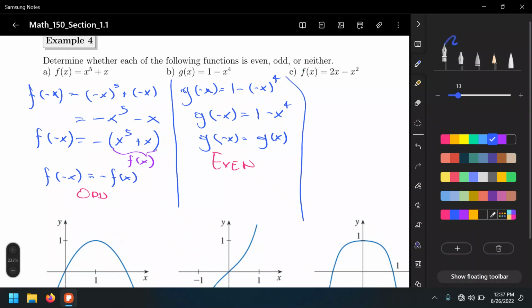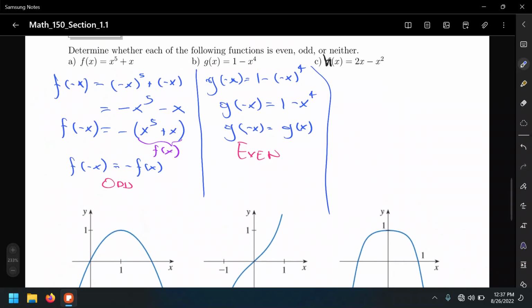And last but not least, we have another function. Maybe I should call this h of x instead, there's a reason why I'm changing the label of this function. So we have 2x minus x squared. I'm going to do h of negative x equals 2 times negative x minus negative x quantity squared.